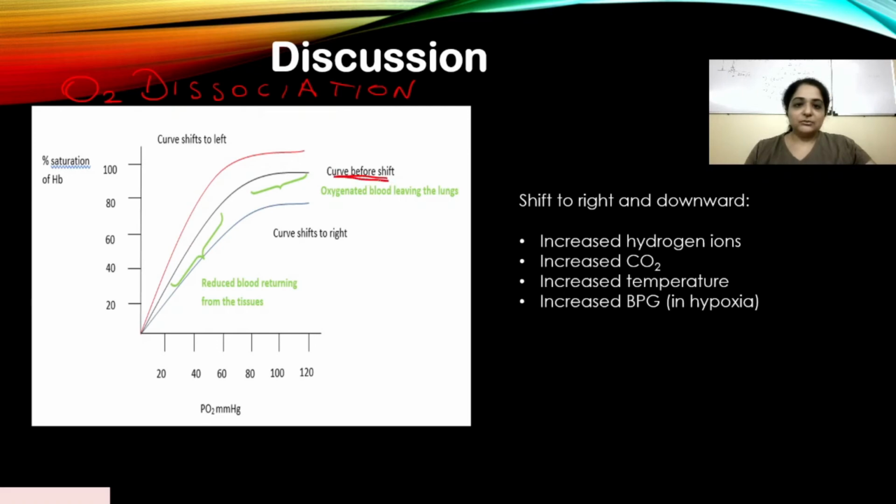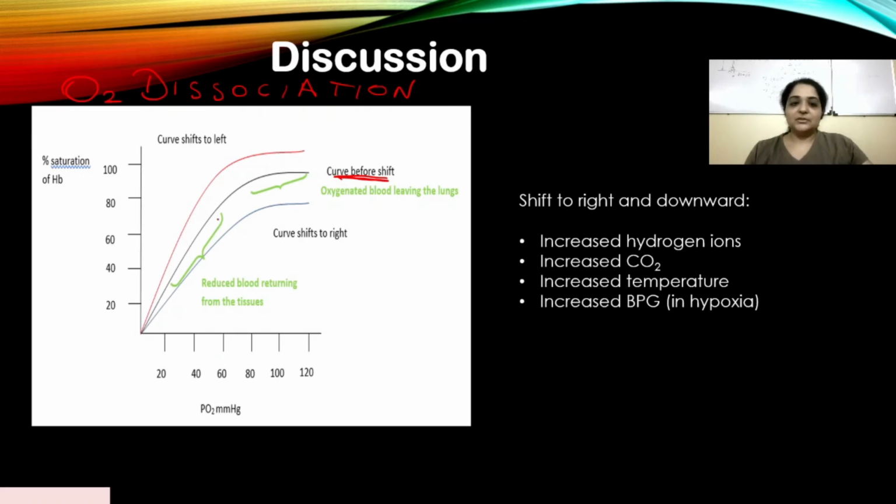At a particular PO2, you can find the percent saturation of hemoglobin. Now what is percent saturation of hemoglobin? That is the amount of oxygen that attaches to hemoglobin. So that much percentage of hemoglobin is saturated with oxygen. So that is dependent on the PO2, correct?